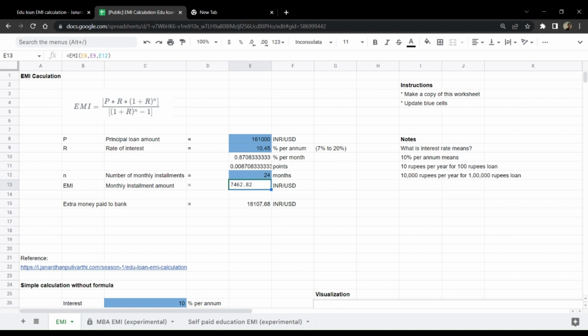For example, let us say we took a loan of 1 lakh rupees as a principal loan amount, and we have been charged 10% per annum, and let us say we would be repaying this amount in 12 months. Then each month we need to pay a fixed EMI of 8,791 rupees.